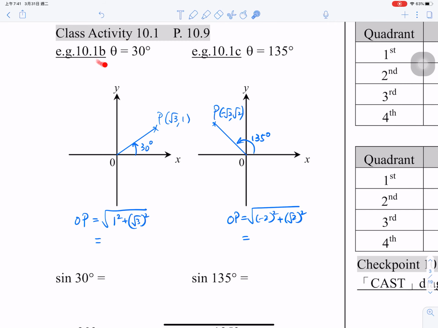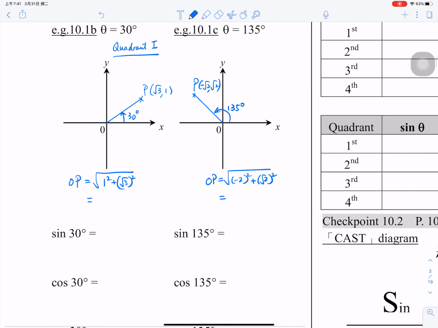Now if theta is in quadrant 1, given that theta equals 30 degrees, and the moving point P is root 3 and 1, so OP equals 2.